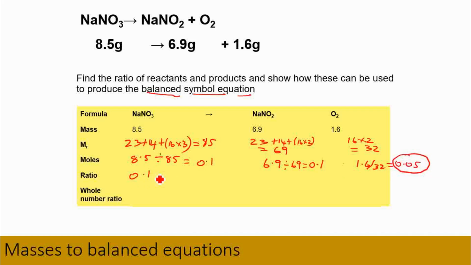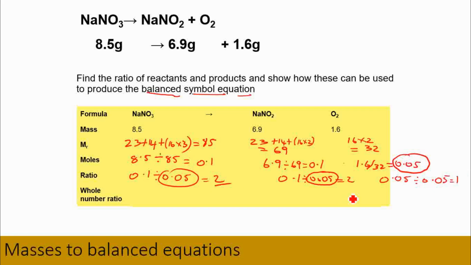So it's 0.1 divided by 0.05, which gives me an answer of 2. Let me just check that. That's giving me 2. And then 0.05 divided by 0.05, which gives me 1.